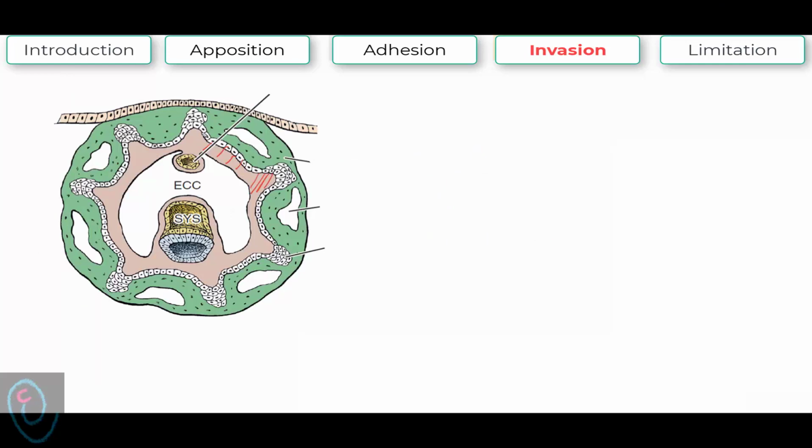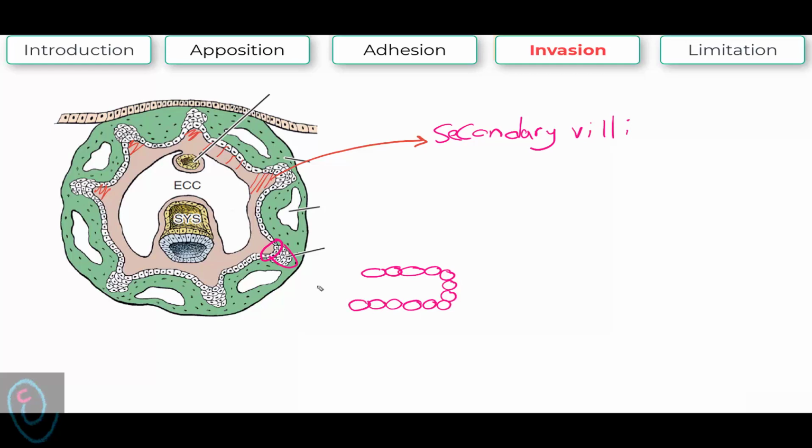Subsequently, a layer of mesoderm will grow inside the primary villi to form them into secondary villi. At the tip of the villi, cytotrophoblasts will continue proliferation, forming columns of cytotrophoblast. Here is a secondary villus formed of an outer layer of cytotrophoblast and a core of mesoderm.